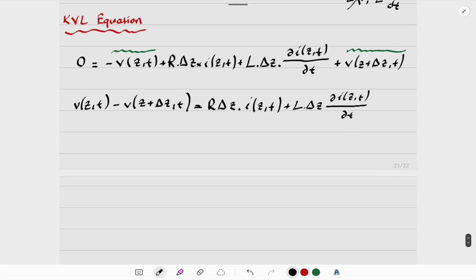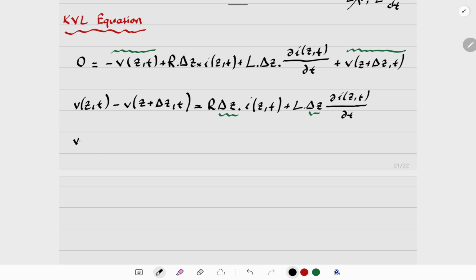And okay, we see a particular problem here, and it is these Δz's. Actually, we don't want this Δz on the right side, and we are going to see why. But let's get rid of this first and see what we achieve at the end.